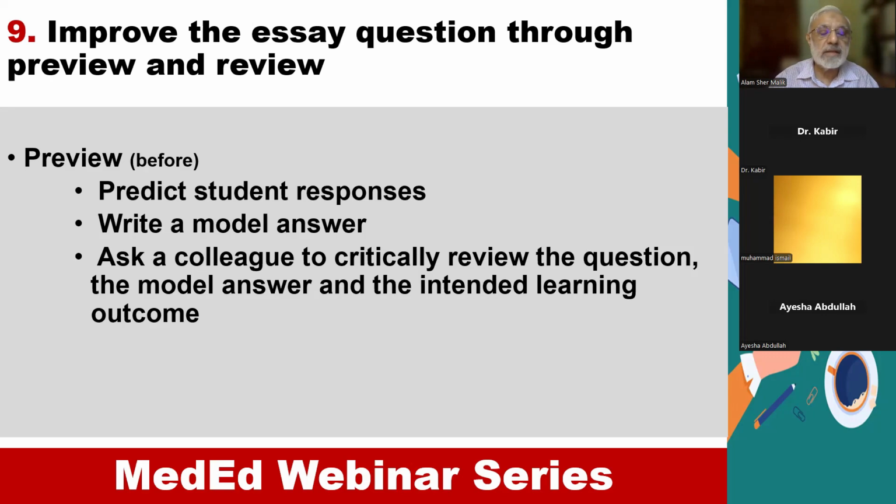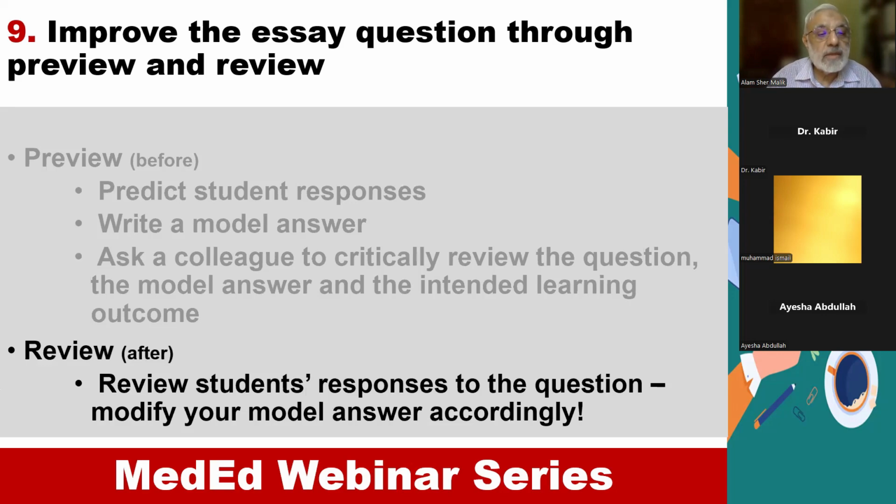We may realize very quickly that what we are writing in the model answer is not really being asked in the question. So in this way, either we have to modify the question or modify the model answer, but this is a very good practice, going through the model answer and seeing whether that is really what is expected in response to this particular question.